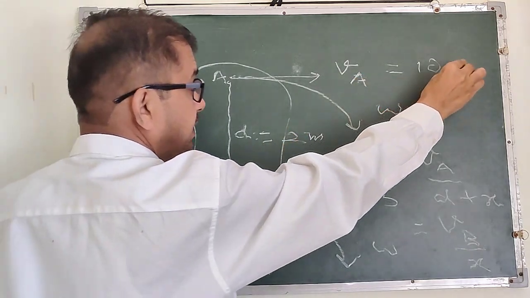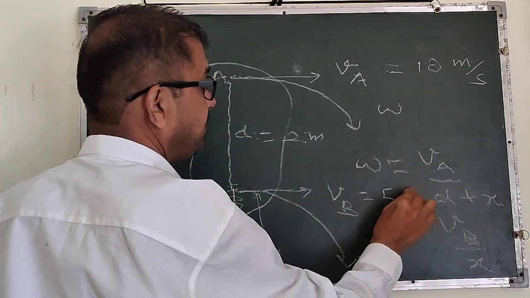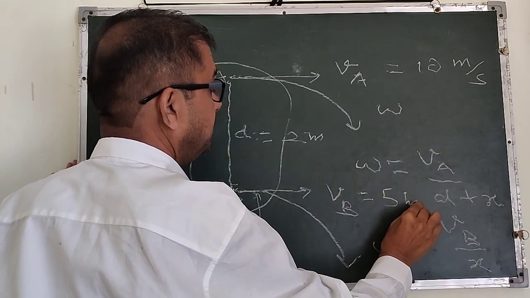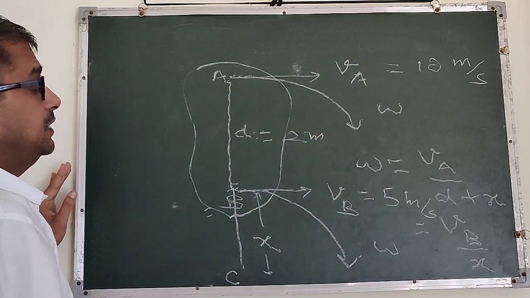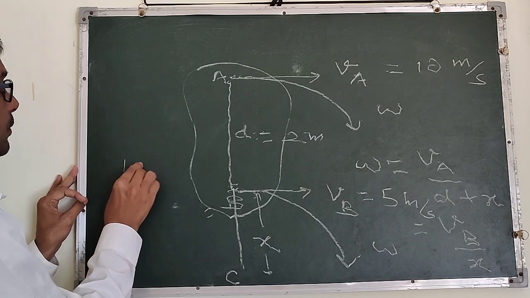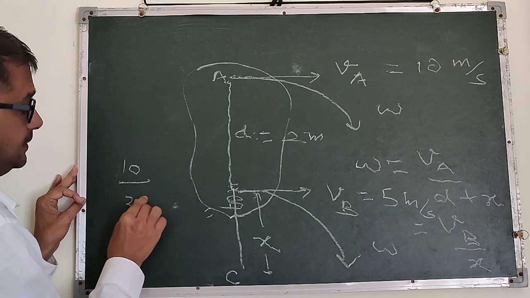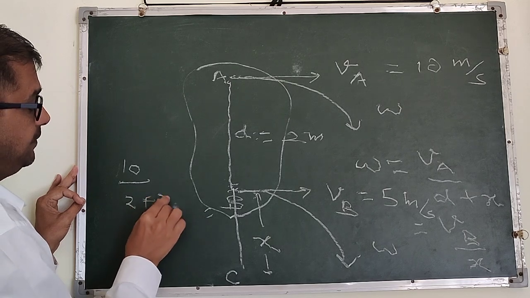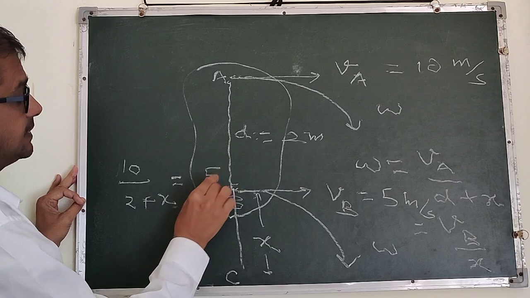Because the board is small, I am using this. So we can put the same values: VA upon d plus x is 10 upon 2 plus x, which is equal to VB upon x, that is 5 upon x.